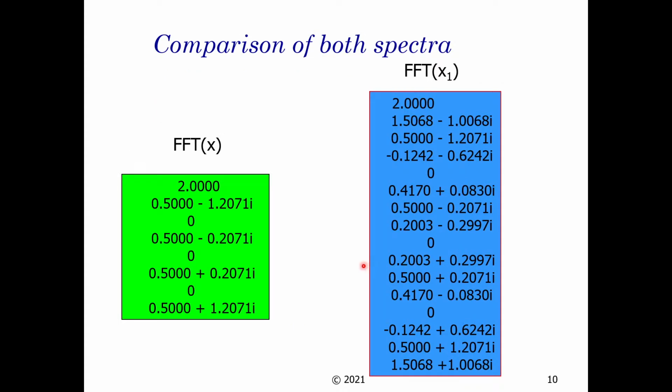So in the comparison of both of these spectra here, where we had 8 samples and 16 samples, where our original 4 sample signal had a zero padding pattern, we see that this signal frequency component here that was added because of the zero padding also matches back here.